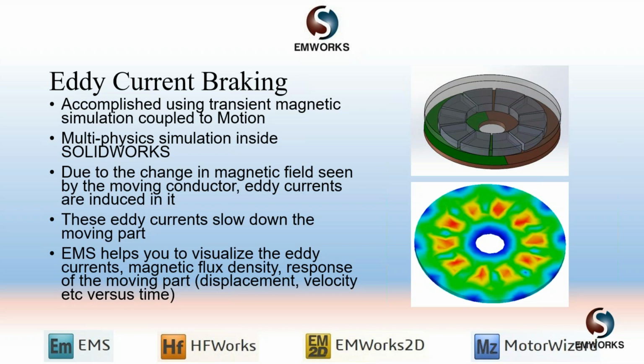Basically, what I mean by response is really a time response. The displacement, velocity, acceleration, etc. versus time can be studied, and you can understand how long it takes for a spinning disk to reduce its speed or come to a standstill, and so on.